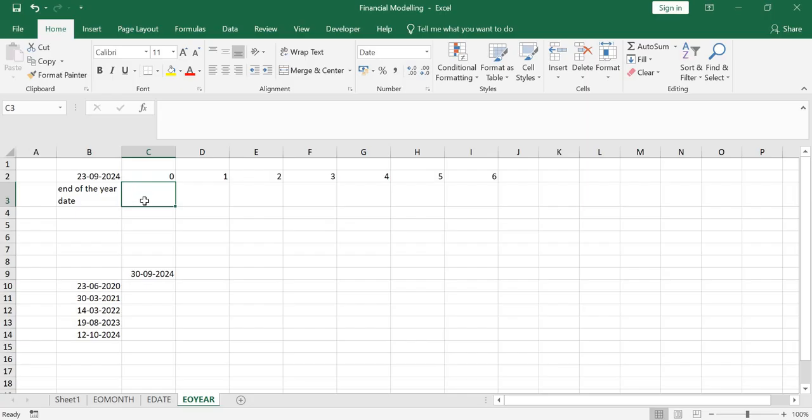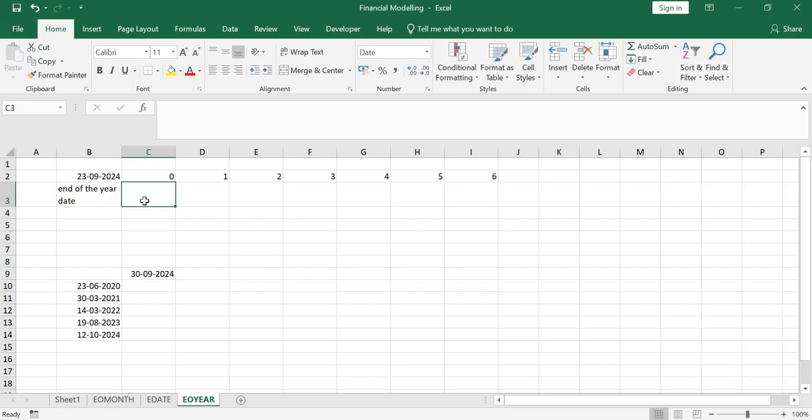Now, over here we have to see whenever we are calculating the end of the year date, we have two types of year. One is your calendar year and one is your financial year. If we are talking about calendar year, it starts from January and it ends at December.